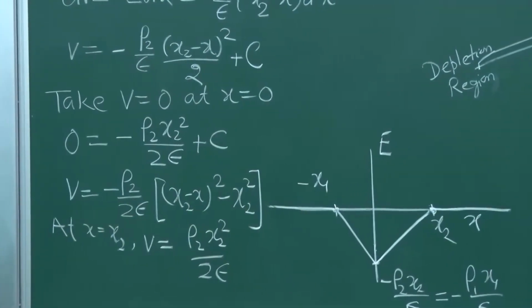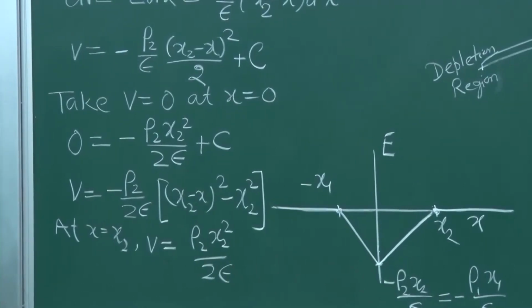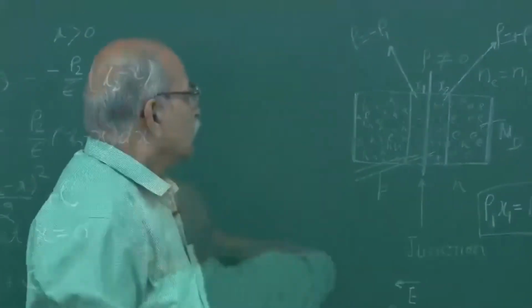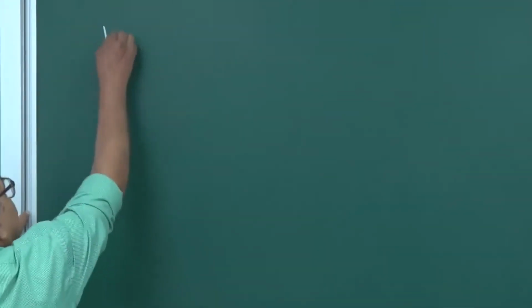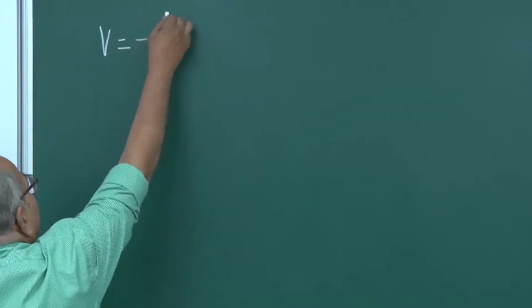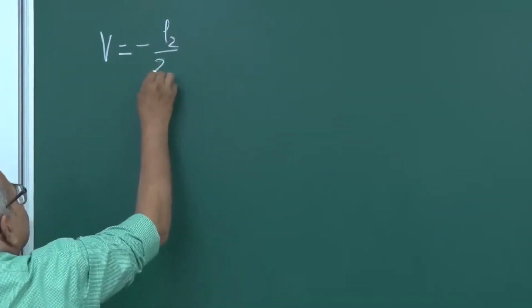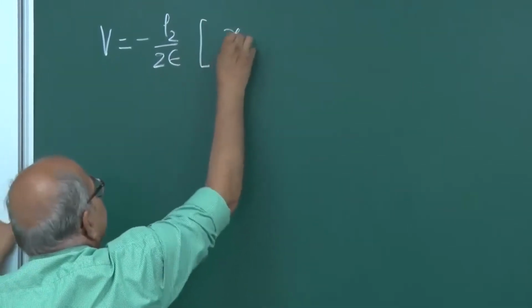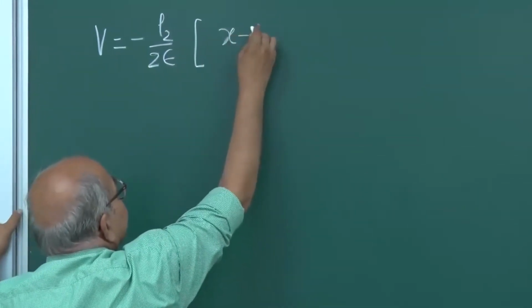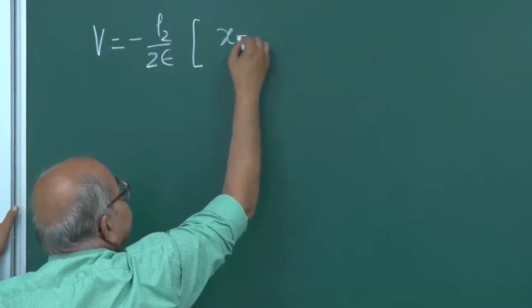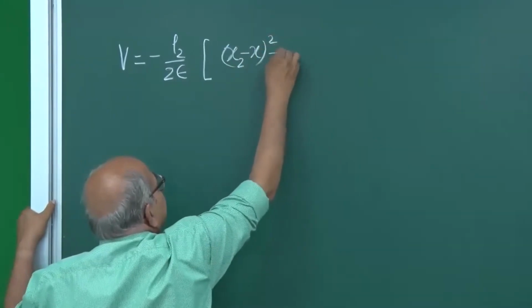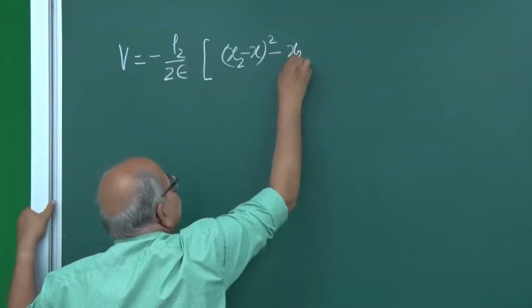So if you plot, how will it look? The expression was V equal to minus rho 2 over 2 epsilon, and then x2 minus x whole square minus x2 square.